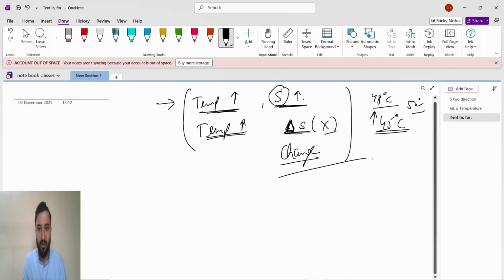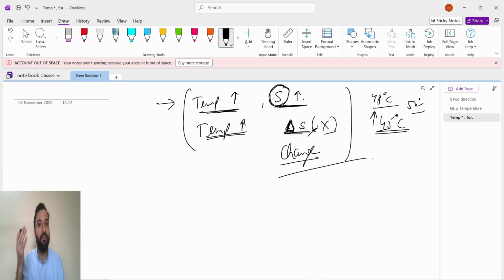Here the temperature is lower, so if I increase the temperature, I can see more disorder. But here the temperature is already high, meaning you are already in disordered movement, like being in Rajasthan at higher temperature. If I increase the temperature, the disorder is very negligible.